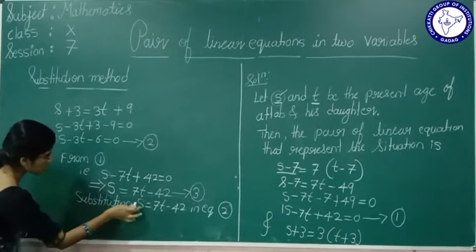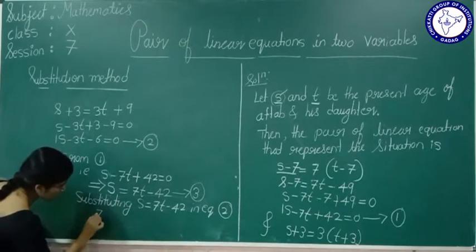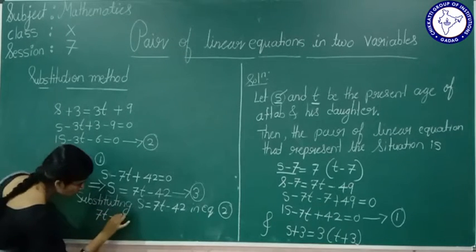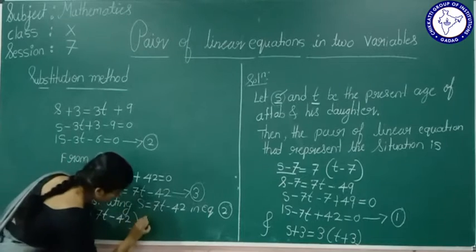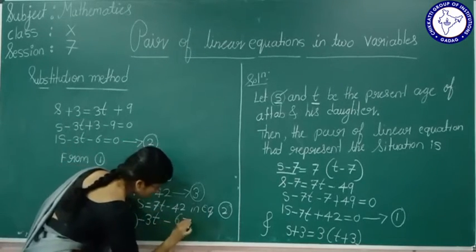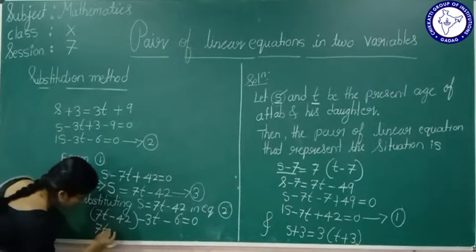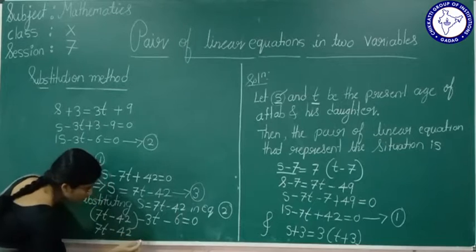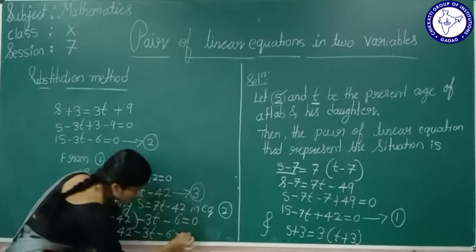Okay, substitute what is S value here? S is 7t minus 42 minus 3t minus 6 is equal to 0. 7t minus 42 minus 3t minus 6 is equal to 0.